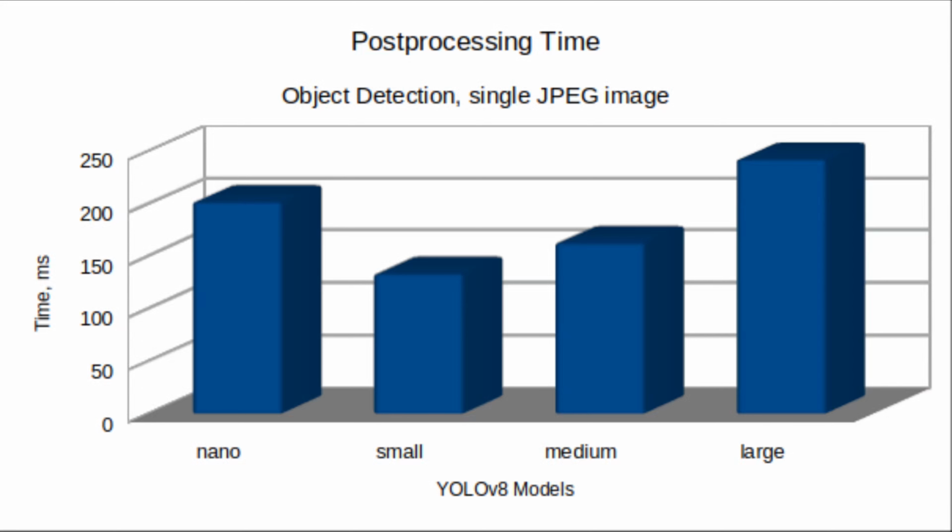In the post-processing phase, there is a trend after the nano model is run, which takes more processing time than the small and medium models, but less time than the large model.